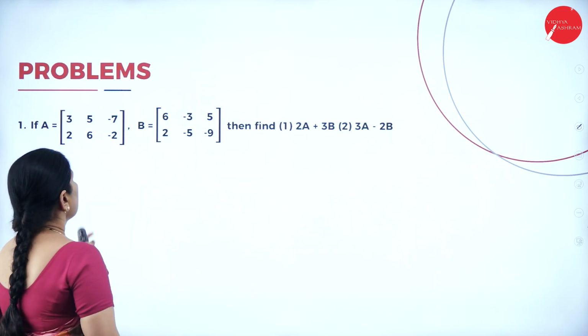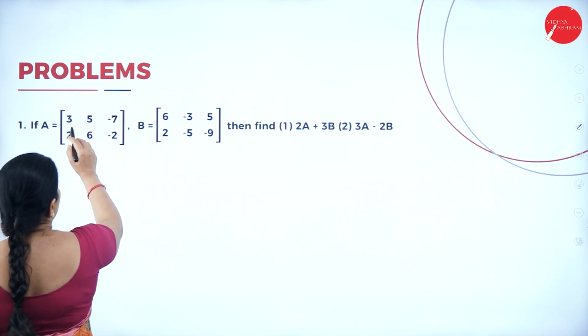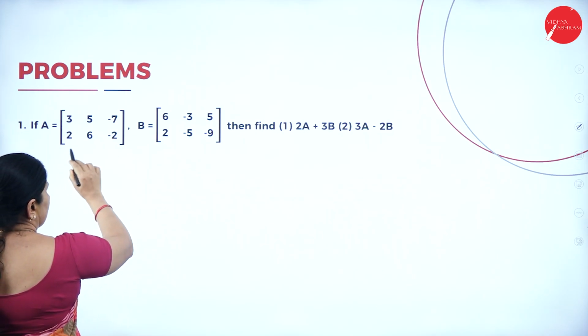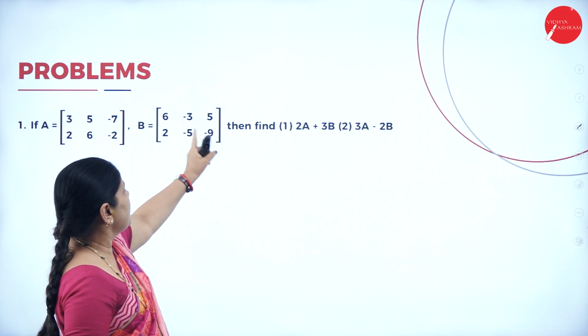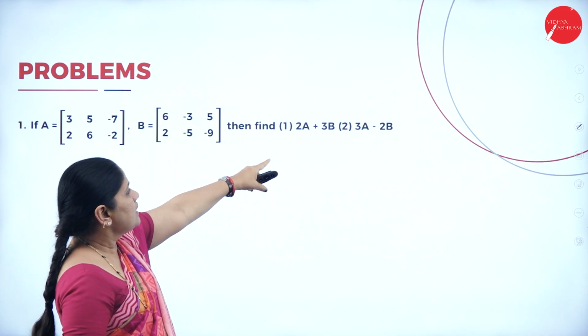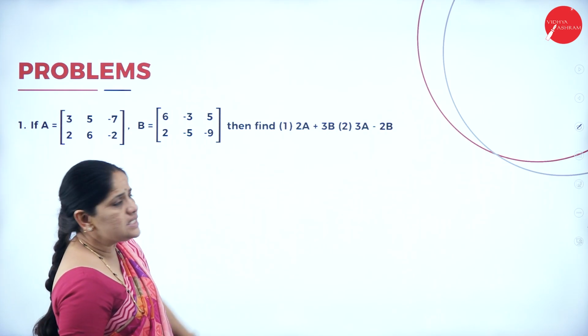Then, next one. Let us do some problems on matrices. If A equals 3, 5, minus 7, 2, 6, minus 2, and B equals 6, minus 3, 5, 2, minus 5, 9, then find 2A plus 3B and 3A minus 2B.